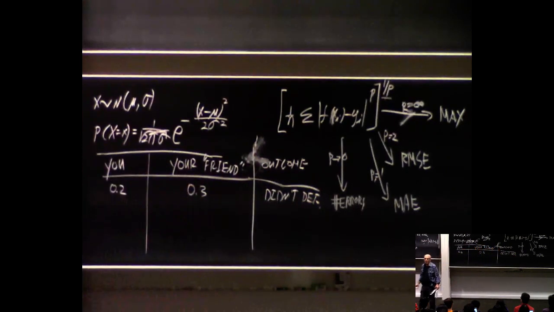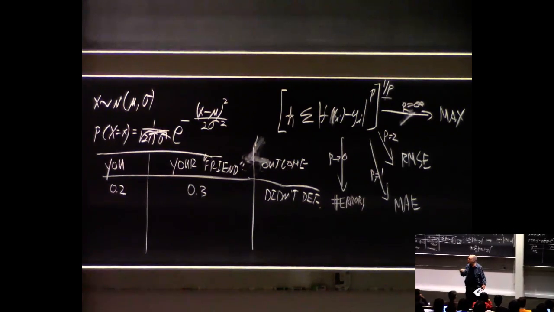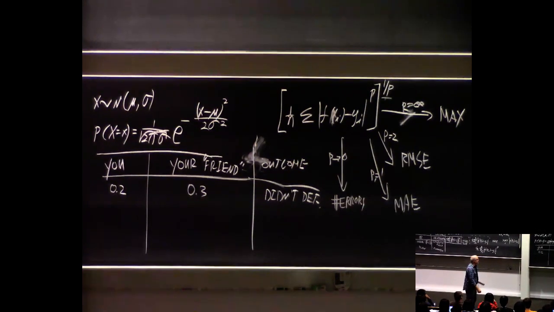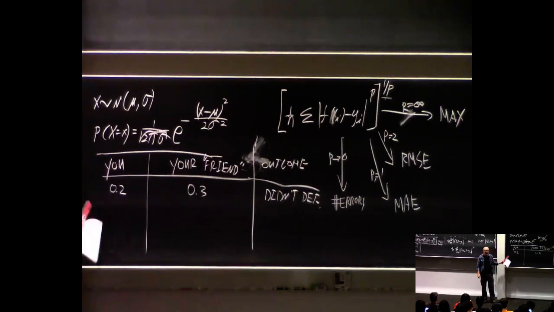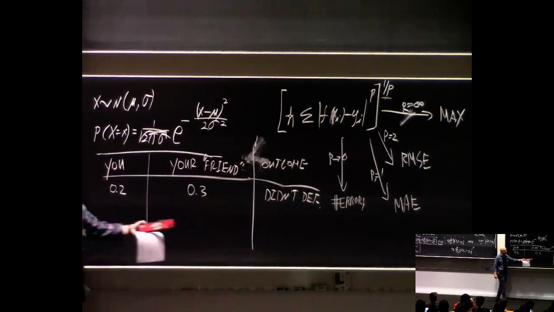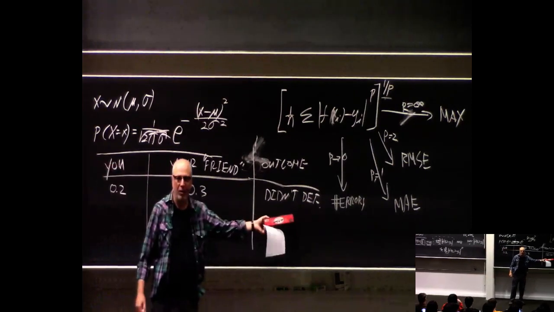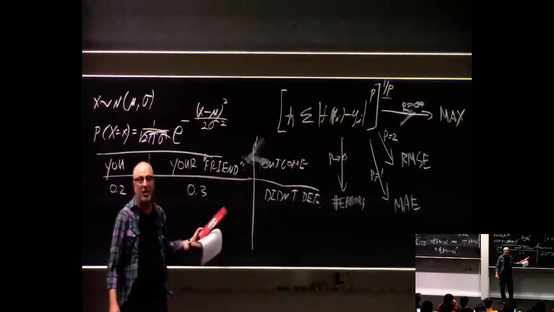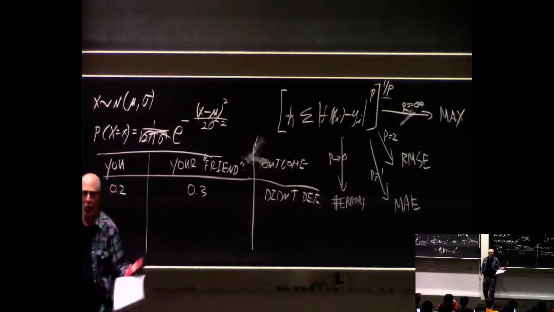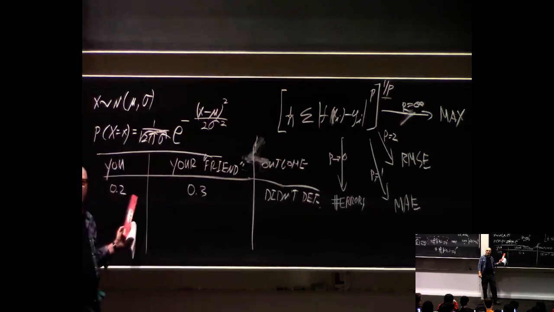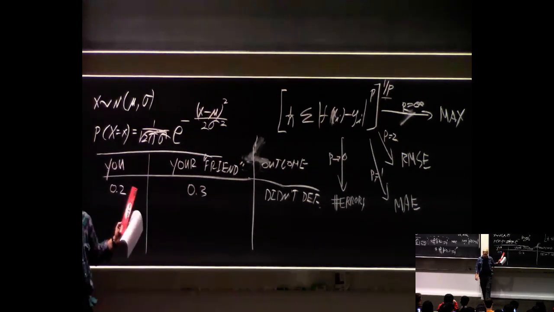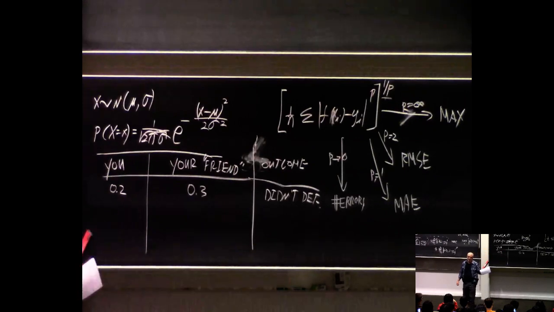Who was more accurate? This guy was more accurate because he said there's an 80% chance that this will happen, and this guy said there's a 70% chance that this will happen. Was this guy wrong? No. When we deal with probabilistic prediction, there's no wrong and right.